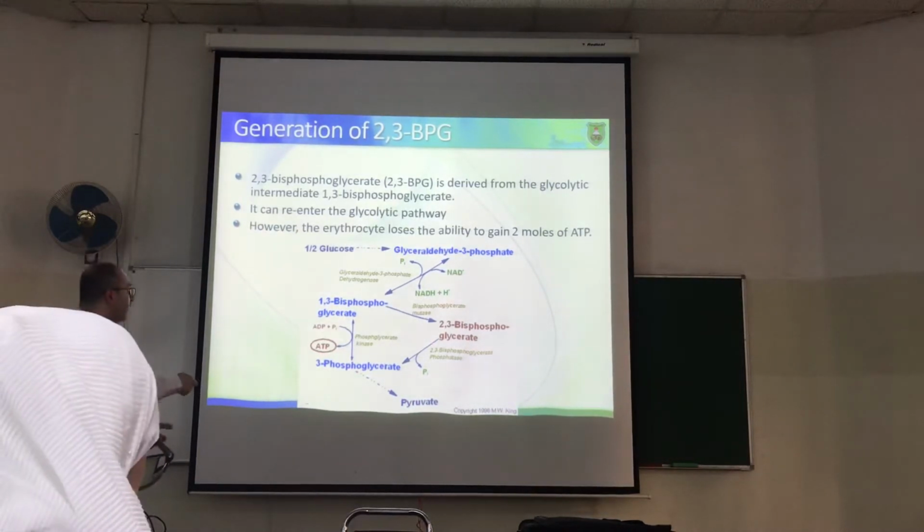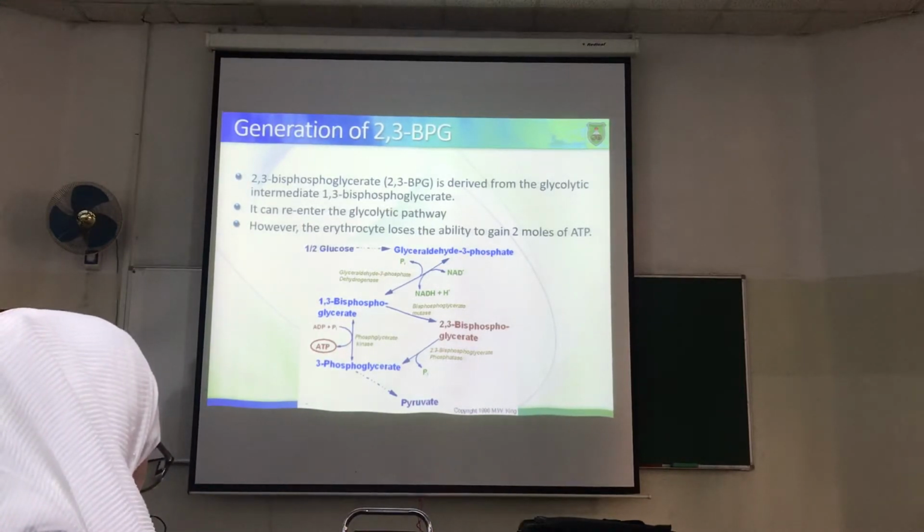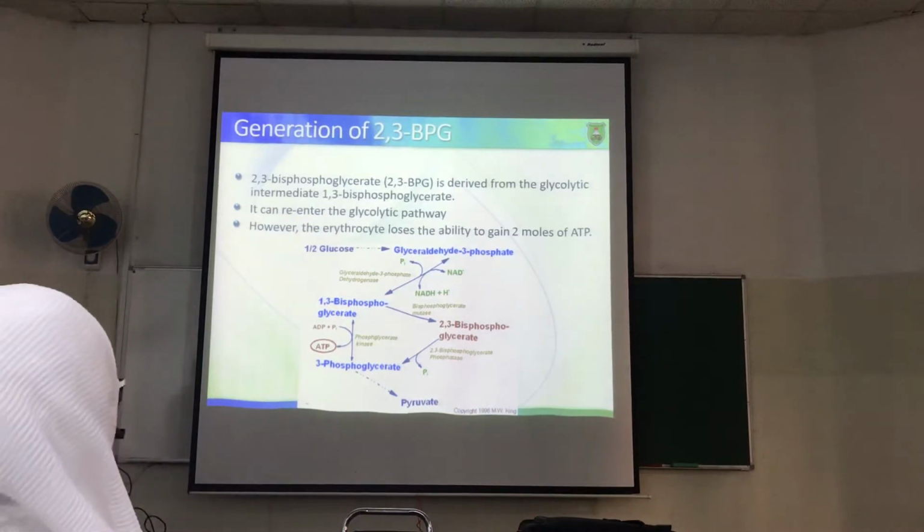Like in this here is a byproduct, 2,3-bisphosphoglycerate. Now it can be integrated. It can go back into the glycolytic pathway, and the consequence of that is that there would be no production of ATP. Okay, so you can have this, and you have a phosphatase that removes a phosphate, but it goes to waste. So it is a waste, sort of.